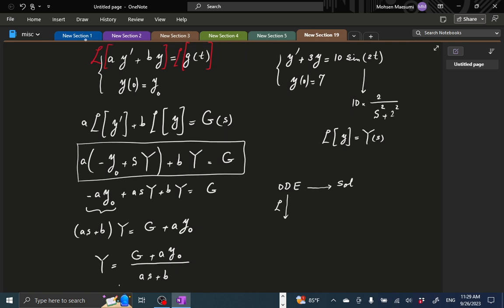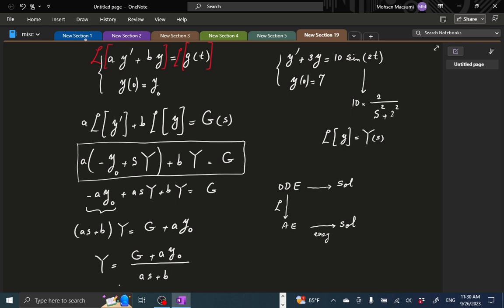This is an algebraic equation for Y. So we get some simple equation for Y. We're just trying to find the capital Y. It's an algebraic equation. You notice that solving this was straightforward, just like a linear equation back in high school algebra. So this is the easiest step. So we get the solution.